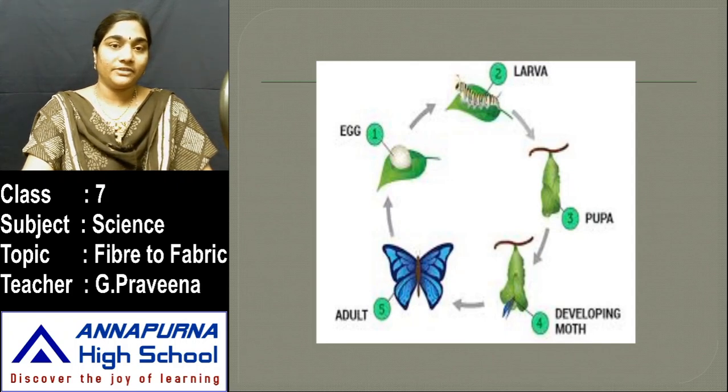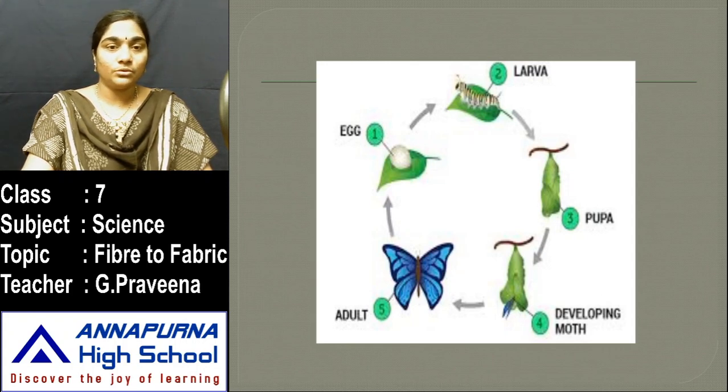So in all the different stages, the female moth lays the egg, and it hatches out giving birth to the larva, also called silkworm or caterpillar. In the growing stage, it feeds on mulberry leaves and starts developing a thread-like structure around its body, which is known as the cocoon. It is from the cocoon that we extract the fiber, and inside it the pupa develops into the moth.